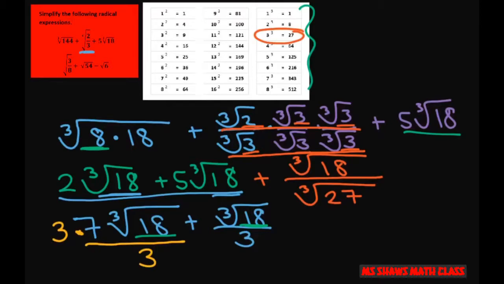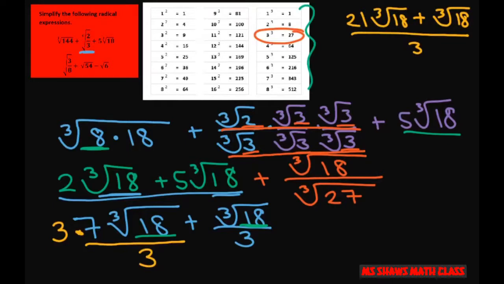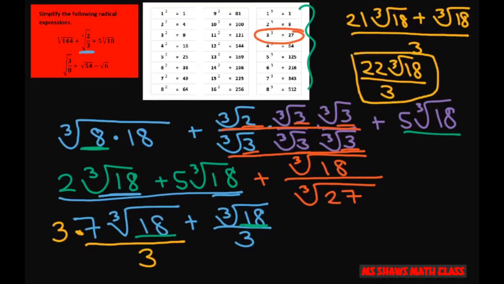So this is going to give you 21 cube root of 18 plus cube root of 18 divided by 3. And this is going to give you 22 cube root of 18 divided by 3. And that will be your final answer.